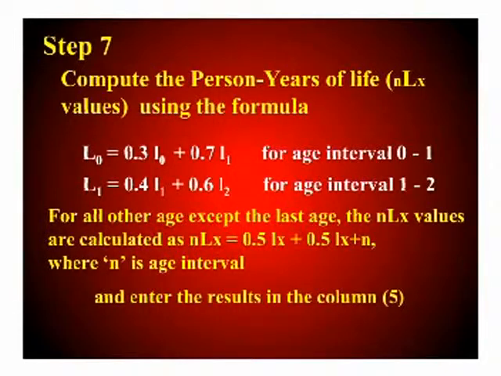And for all other ages, the general formula is given by 0.5 lx plus 0.5 lx plus n, where n is the age interval, and enter the results in column 5.